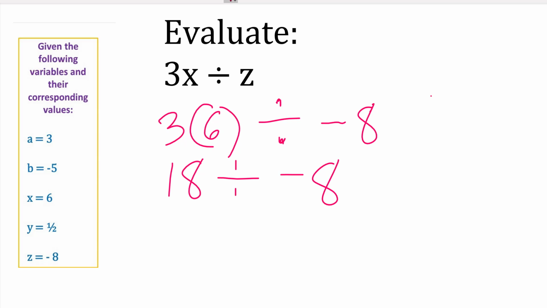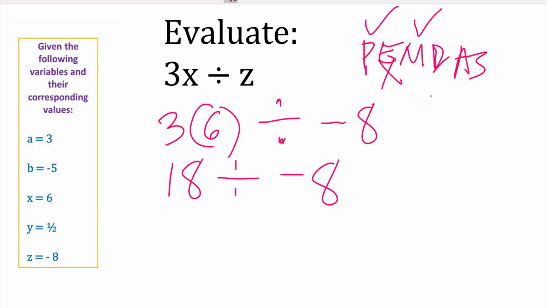All right, so using PEMDAS, remember our PEMDAS, we evaluate the parentheses first. There's no exponent involved. There is multiplication, yes, and there's division, yes. There's no addition, there's no subtraction. What is the rule for division?